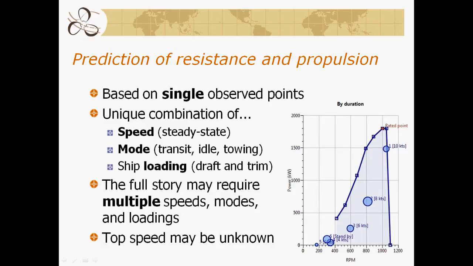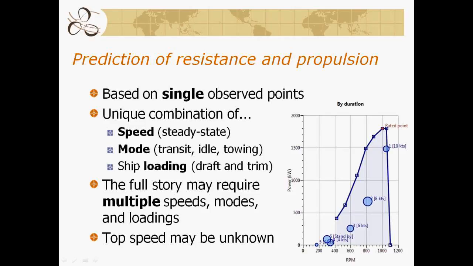In most cases, it's a steady state speed, a mode, a transit mode, or called free run, even engine idling, or a towing mode, and the ship's loading, which is typically described by its draft and trim. Now that creates just a single observed point of analysis.